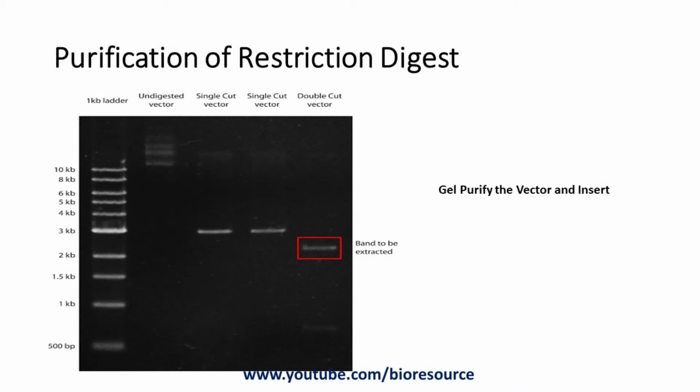Running a control uncut vector and the marker along with the restriction digested product will confirm the band to be excised. Both the plasmid restriction digest and the insert restriction digest need to be purified before the ligation reaction.